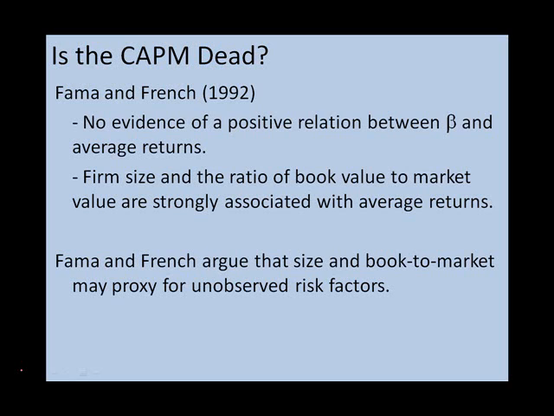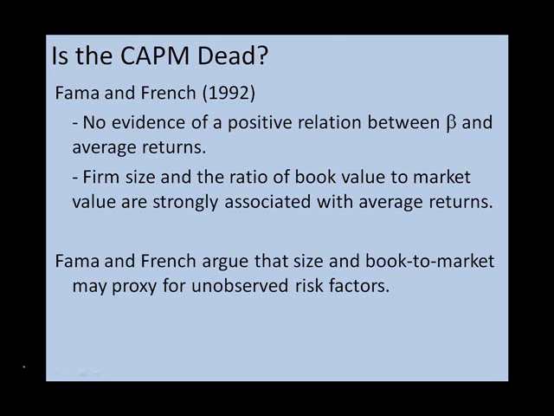Firm size was negatively related to future returns, while book to market ratios were positively related to future returns. Fama-French argue that actually these factors, size and book to market, may proxy for some unobservable risk factors.